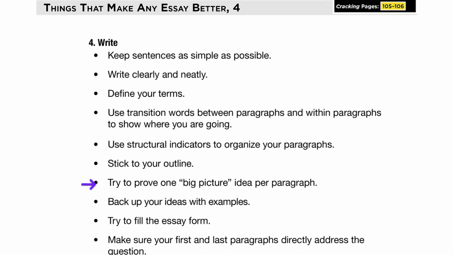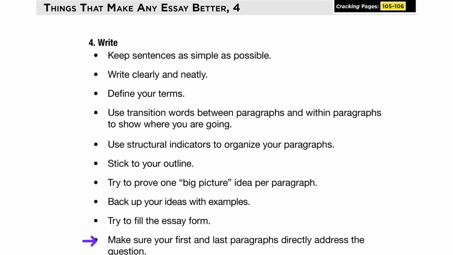Try to prove one big picture idea per paragraph, especially important for the DBQ, because even though you have 6 or 7 sources plus outside knowledge, it has to be organized into one basic idea per paragraph. Always back up your ideas with examples. That goes without saying. Try to fill the essay form as much as you can. In other words, try to make your essay really long if possible.